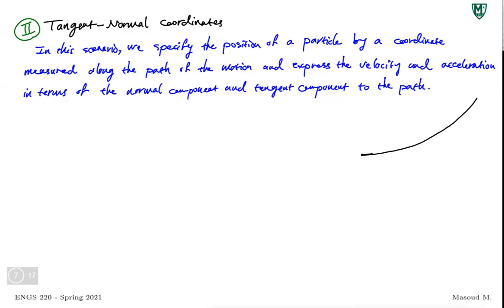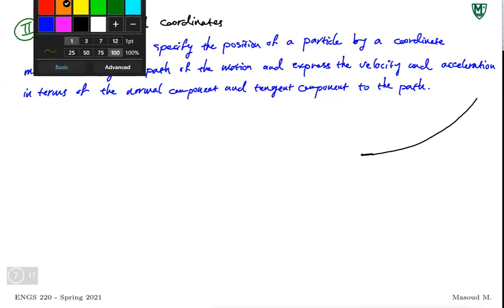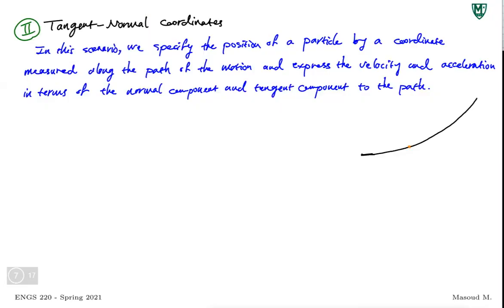Now, at one moment it's at this point, where the particle is at time t, P at t. At another moment, it's at P at t plus delta t. It's a few moments later, few seconds, minutes, or hours, depending on what your time frame delta t is.